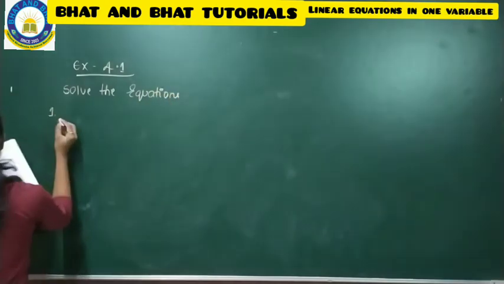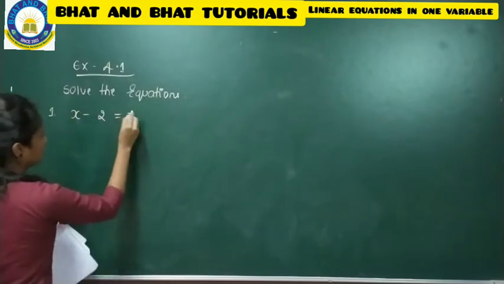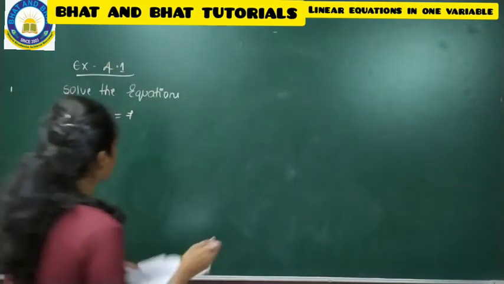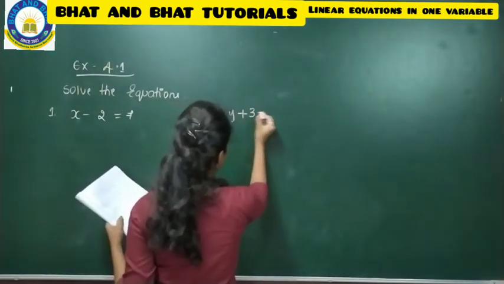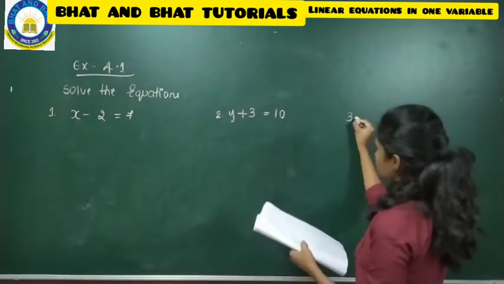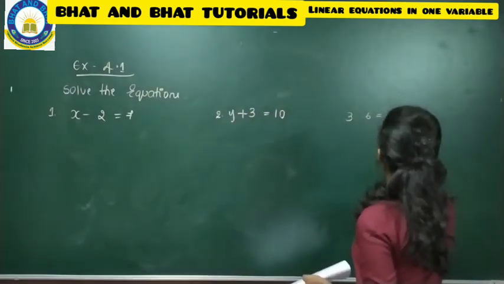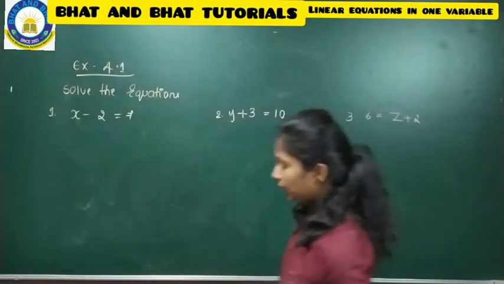In that, the first equation is x minus 2 is equal to 7, and the second equation is y plus 3, which is equal to 10, and the third equation 6 is equal to z plus 2. So how are we going to solve the equation?